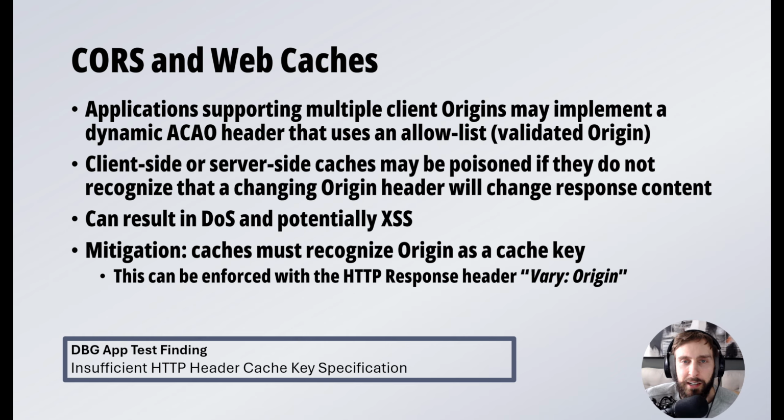That's the best practice anyways when you need to support multiple origins. As a result, client or server-side caches may be poisoned if they do not recognize that a changing origin header in the request changes the response content, because the response is going to change those headers, like the CORS headers, to determine whether the requesting origin should actually be able to read that response.